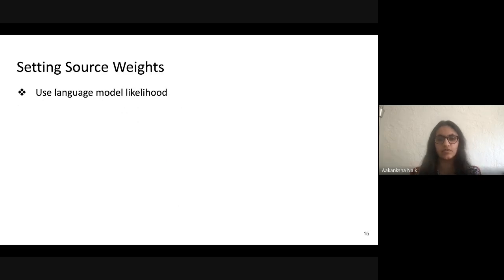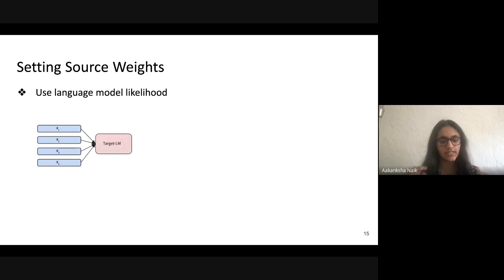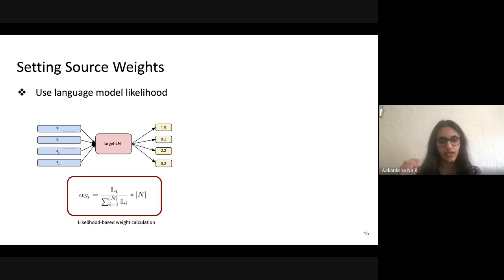In our case, because we want to do this in an unsupervised manner, we try to leverage language model likelihood. This is something that has shown success in out-of-domain and out-of-distribution detection tasks, so we decided to leverage it in an instance weighting paradigm. Basically, we take all of the instances from the source data set and give them to a language model that has been trained on unlabeled text from the target domain, and then compute likelihood scores for each of these instances.